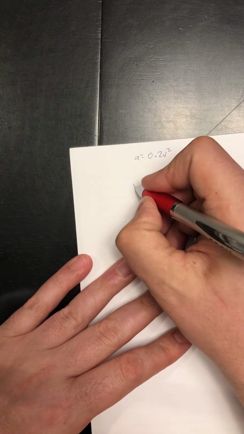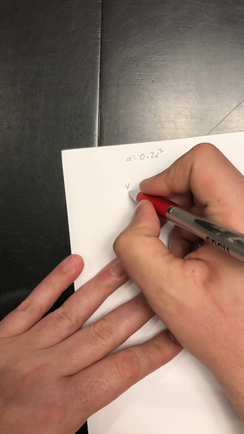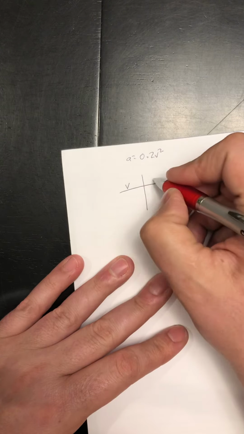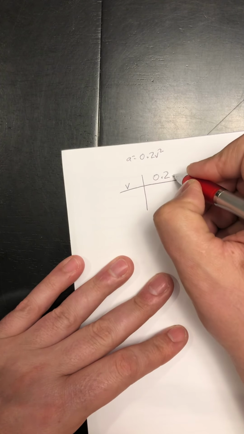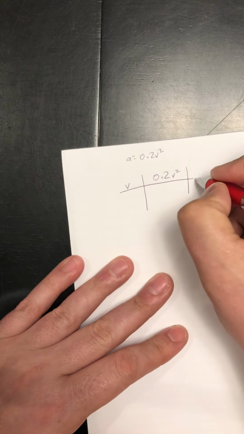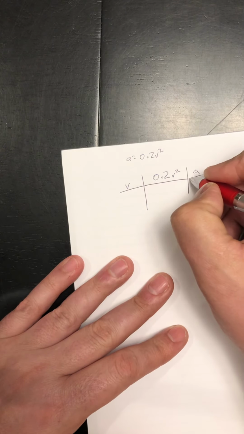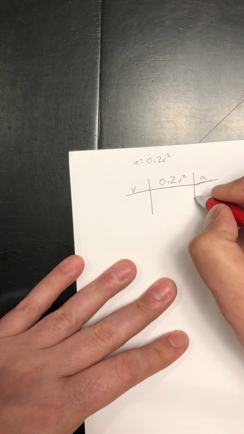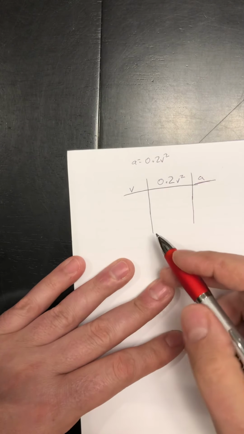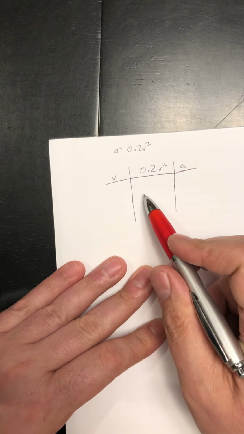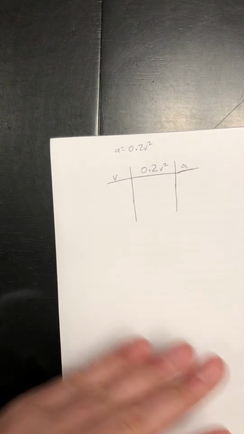I have velocity. My function is going to be 0.2 v squared, and then acceleration. Since I set this up like this, I can now label.